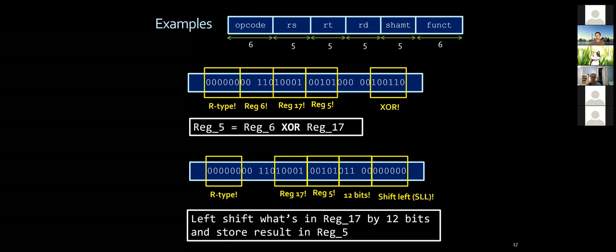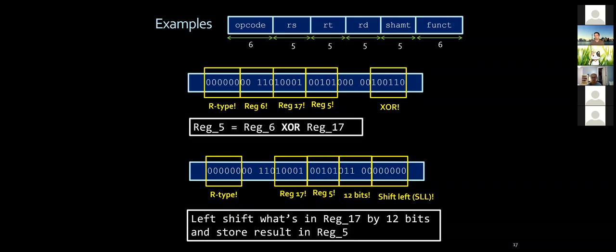So left shift what's in register 17 by 12 bits and store the result in register 5. And these bits are not needed, they're not utilized. Is this clear to everyone? So this is how you represent some constants when you manipulate with shifts, and shifts don't need the other register. That's the beauty of it.